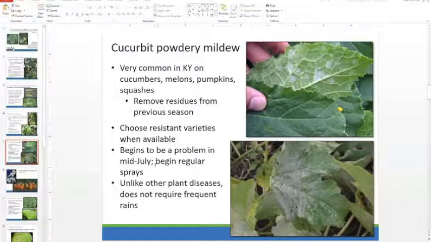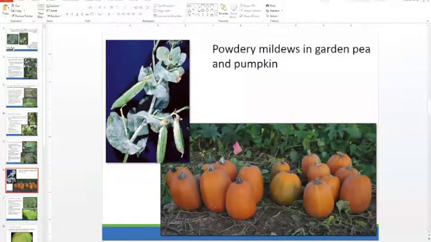That said, powdery mildew in pumpkin is extremely damaging, particularly for carving pumpkins, and you will need to be managing it intensively with fungicides really to get to harvest. And so here's a picture of what powdery mildew can do on pumpkins.